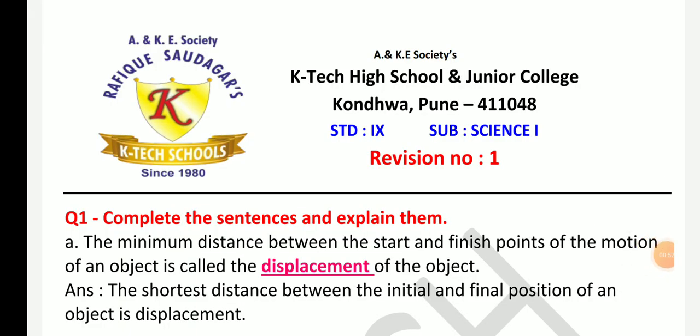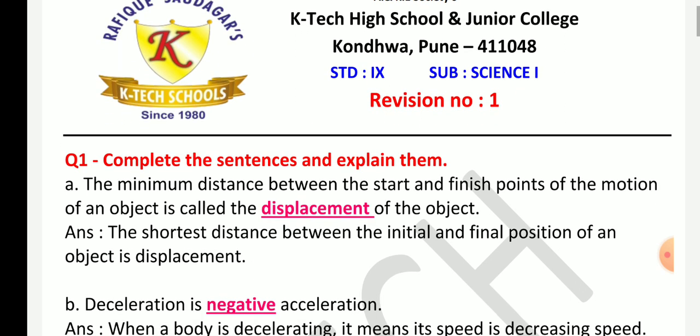Question number 1. Complete the sentences and explain them. First, the minimum distance between the start and finish points of the motion of an object is called the dash of the object. So, what would be the answer, children? Displacement. Yes, the shortest distance between the initial and final position of an object is called displacement.